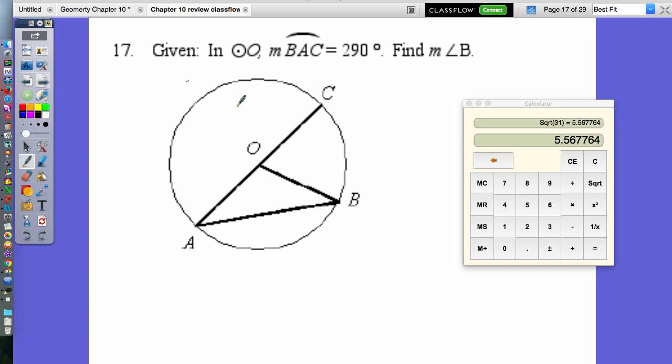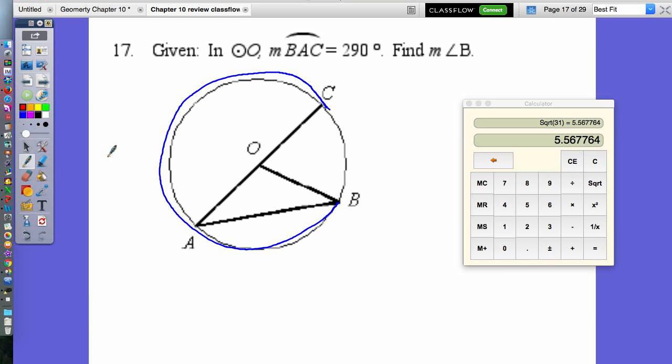Number 17, given circle O, arc BAC is 290 degrees. They want me to find the measure of angle B. So I don't know, I haven't done this problem yet to walk you through it.